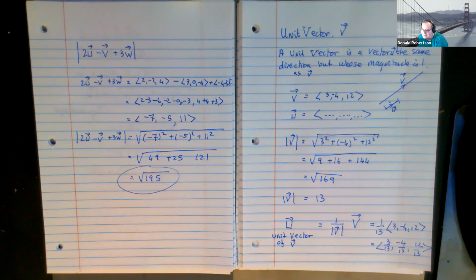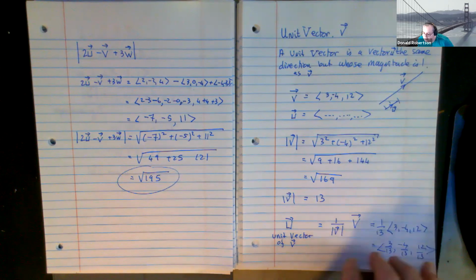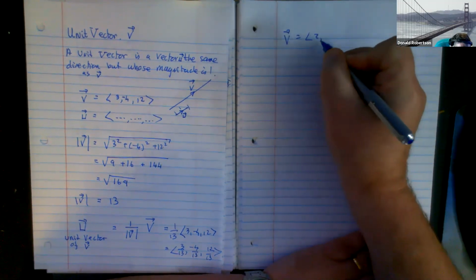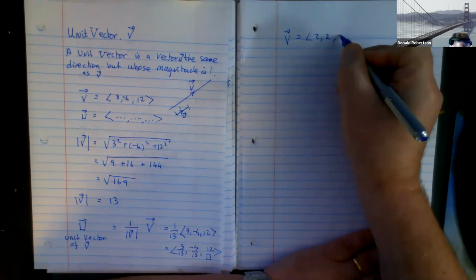Won't that make it 1 unit long? And you can check it. Do you know the magnitude of this vector is 1? Okay, let's try that again. Suppose I wanted to find the unit vector for 2, 2, 1.